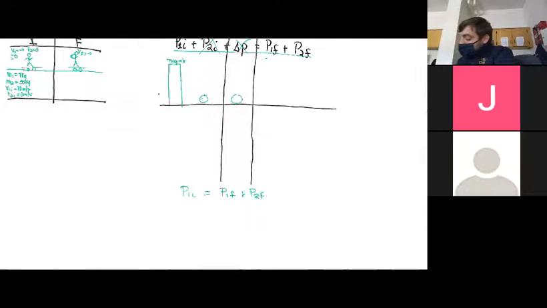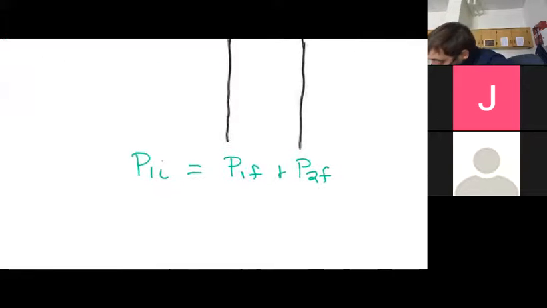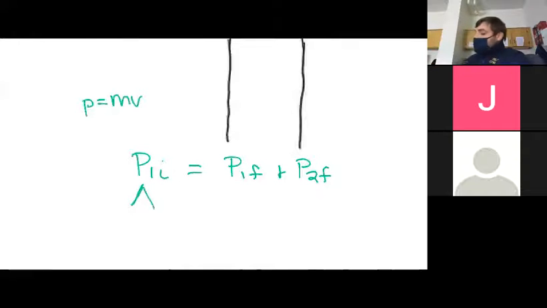And then even better than that, what I do next is I take these momentums and I split them up. I know the formula for momentum is mass times velocity, so I take each expression and split it into masses times velocities, just using this and this as examples of where to go.